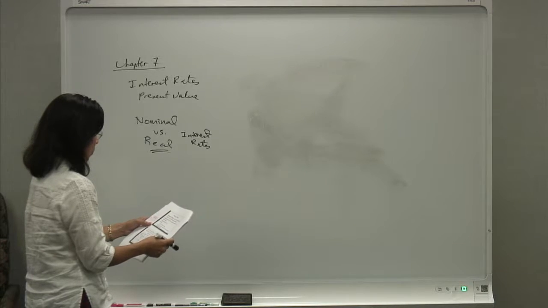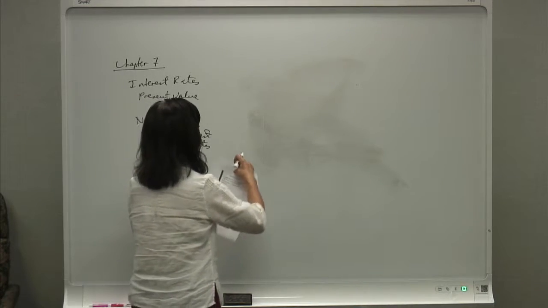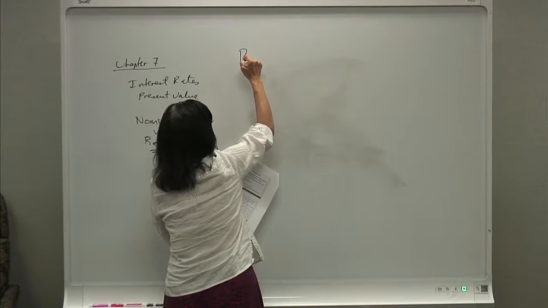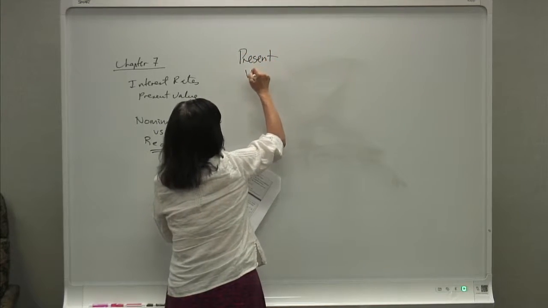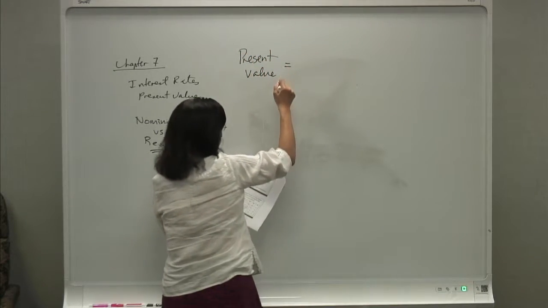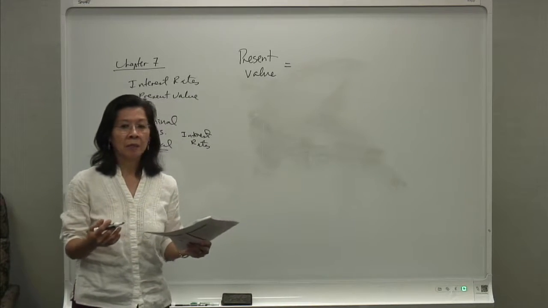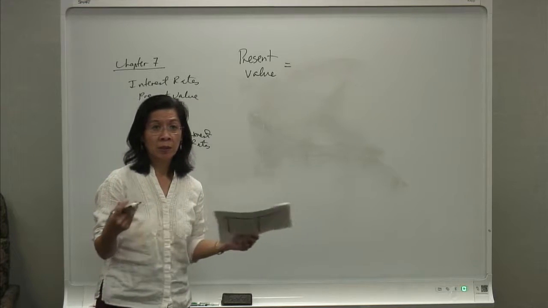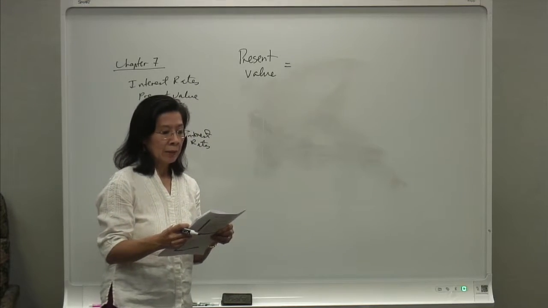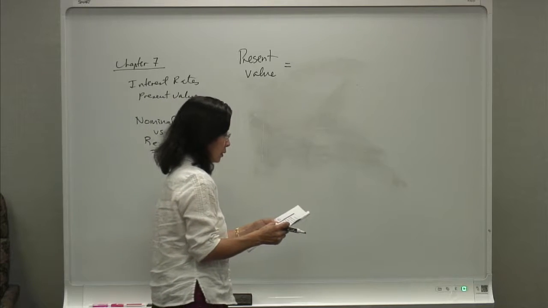So let's look at what present value is. Let me write it down here. Instead of looking at PowerPoint slides, I'm going to rely heavily on the book because the book has several tables we can refer to today.